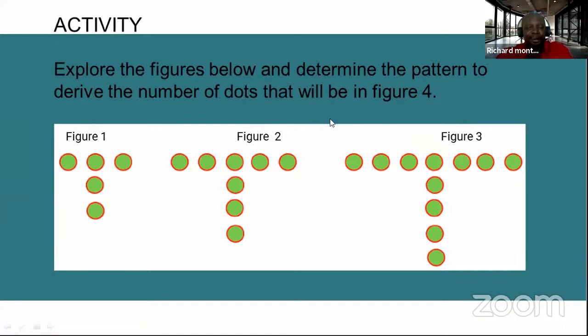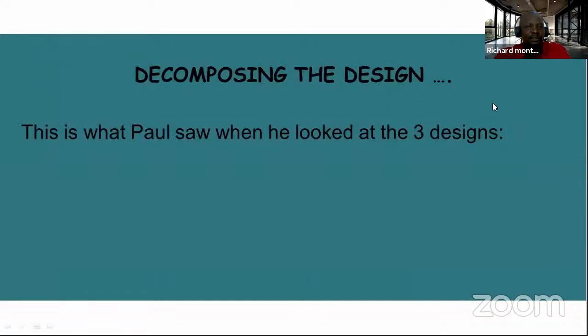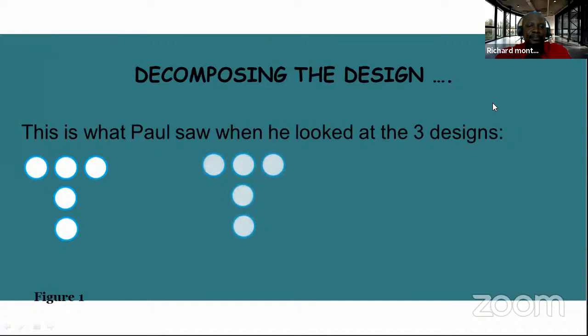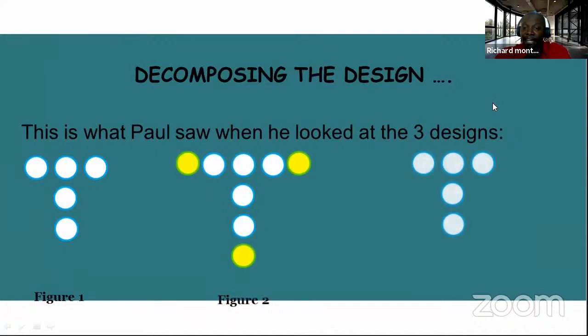Great going. All right, now I want you to note how some other students saw these patterns. We are going to be looking at how they got their figure 4. So Paul, when Paul looked at the 3 design, he saw 5, then he saw 5 and 3 added, then he saw 5 and 6 added.